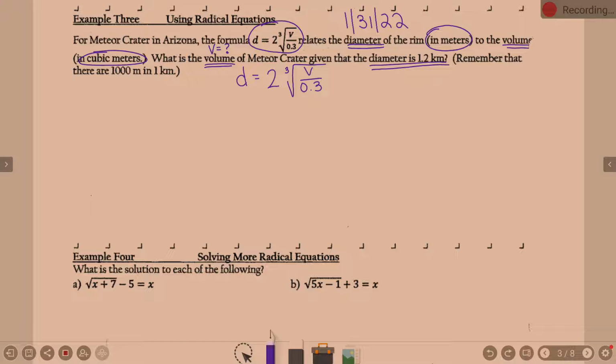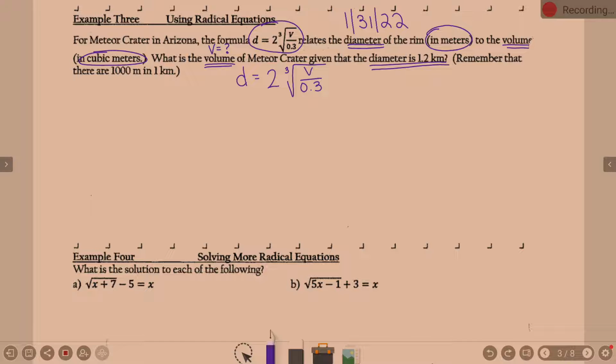Have you caught on to why they're giving that to us? Yeah, what did it say up here? It said diameter of the rim in meters. What diameter was I just given? Kilometers. So what's something we have to do here? Yeah, this formula works with meters.